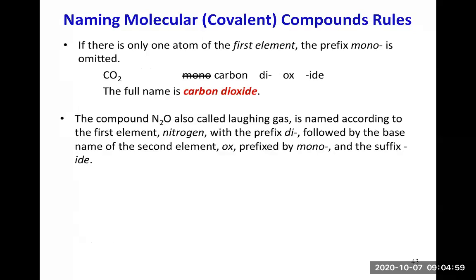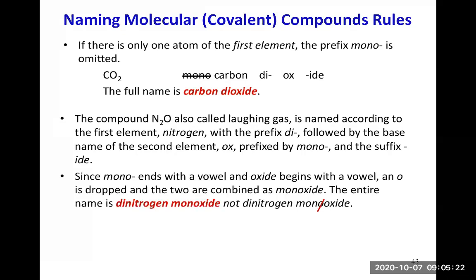The compound N2O, also called laughing gas, is named according to the first element, nitrogen, with the prefix di. So dinitrogen, followed by the base name of the second element, which is oxygen, so ox, and ended with ide. And because there is only 1 oxygen, we put the prefix mono in front and the suffix ide. So that would be dinitrogen monooxide.